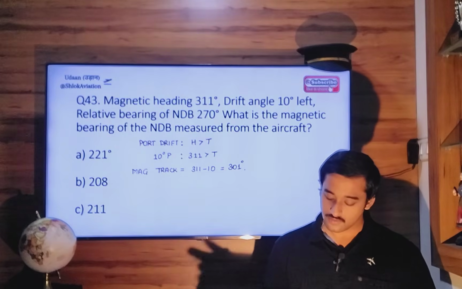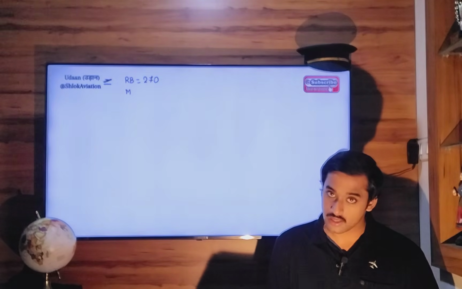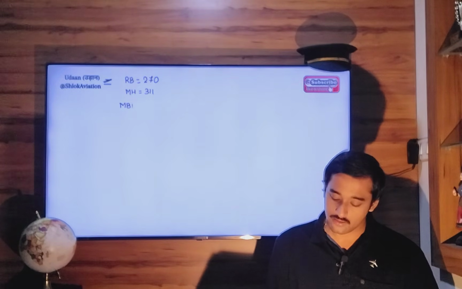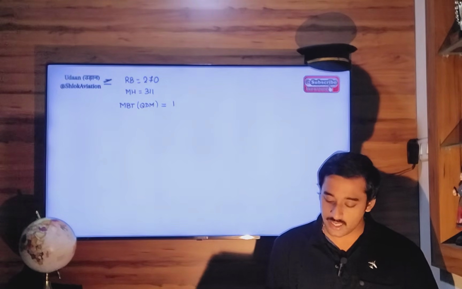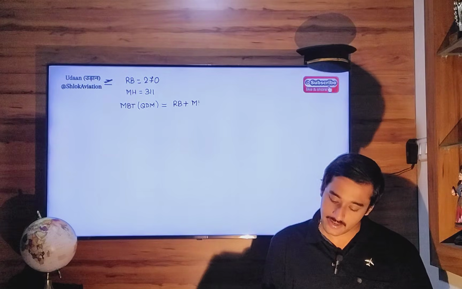Now, next things. Relative bearing is 270. Magnetic heading is 311. Now, magnetic bearing to the station, nothing but QDM to the NDB station, will be relative bearing plus magnetic heading.